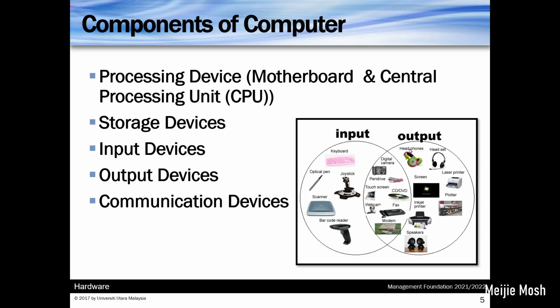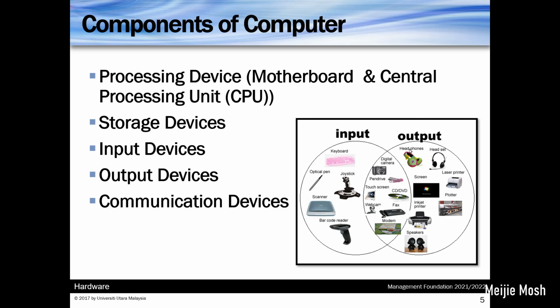Storage devices are any devices that are capable of storing information temporarily or permanently. There are 2 types of memory, primary and secondary. Primary memory refers to random access memory, which is used to store instructions and data temporarily before and after they are processed.